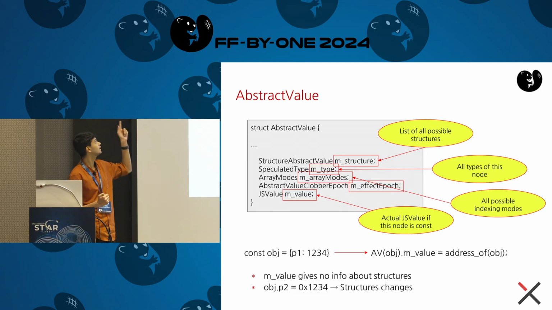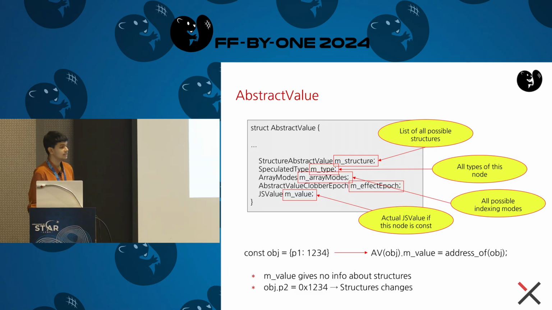It has a field called m_structure, which has a list of all possible shapes an object can have. In JavaScript Core, that shape thing that we saw earlier is also called a structure. We are going to use that interchangeably. Structure means shape, shape means structure. So this m_structure is a list of all possible structures a variable can have, and m_type is a list of all possible types this variable can have.